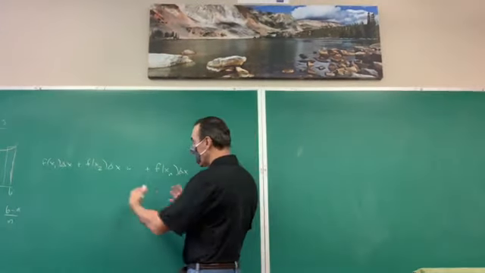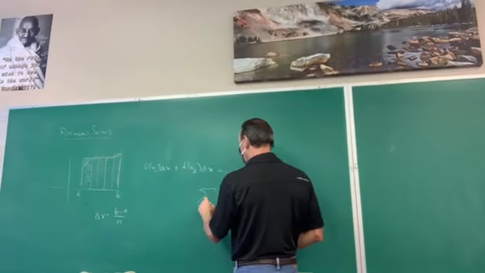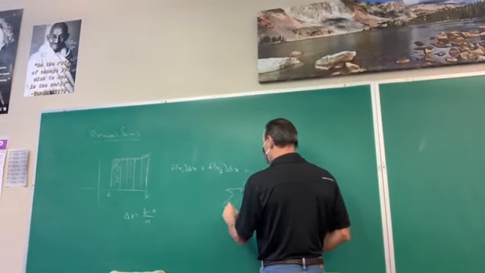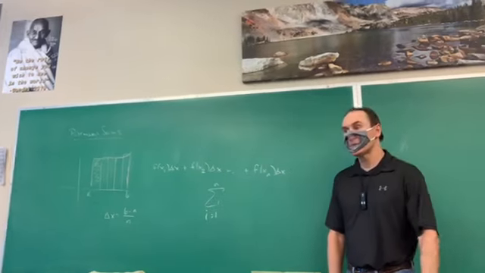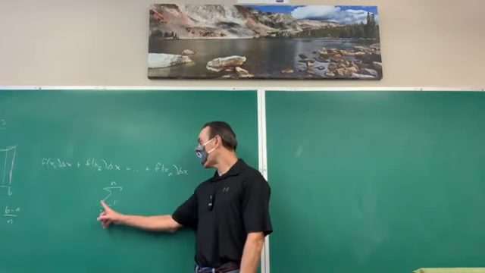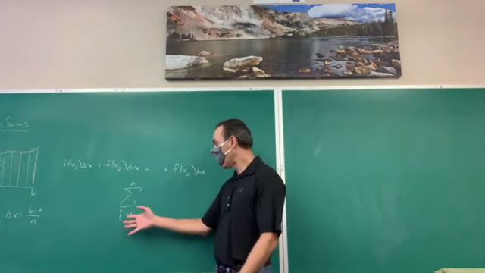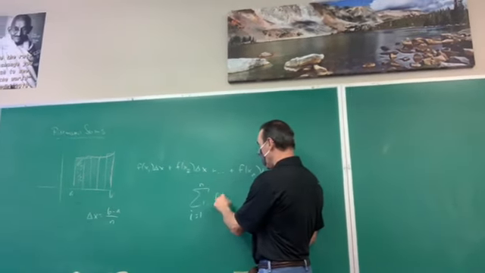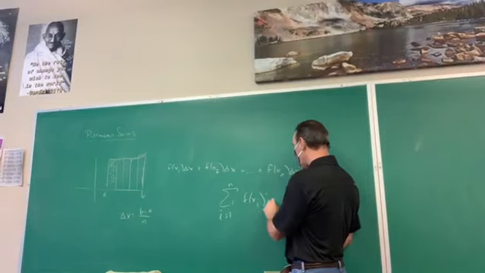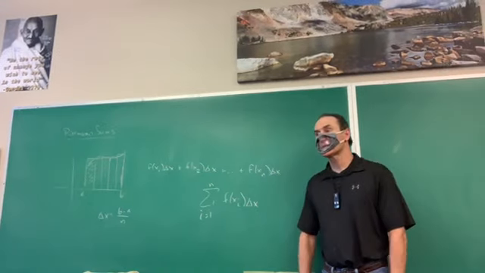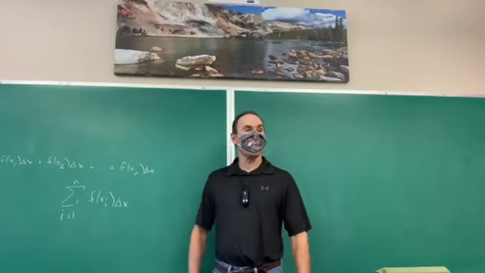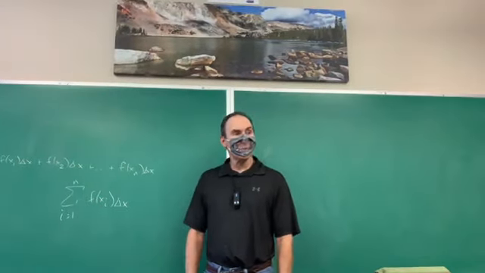And so that can be written in a more compact form using what we call summation notation. So we write this Greek letter sigma, and we call it the sum, or the summation, i going from 1 to n, of f of x sub i times delta x. And so that's going to give us an approximation to the area under the curve.